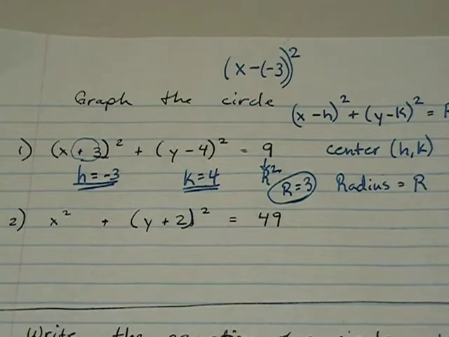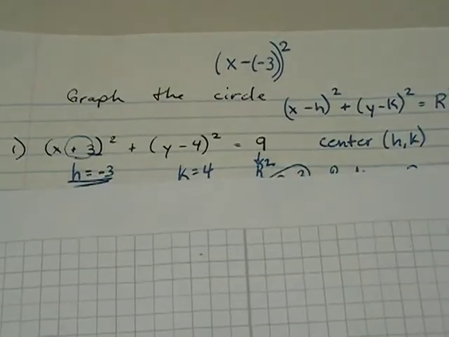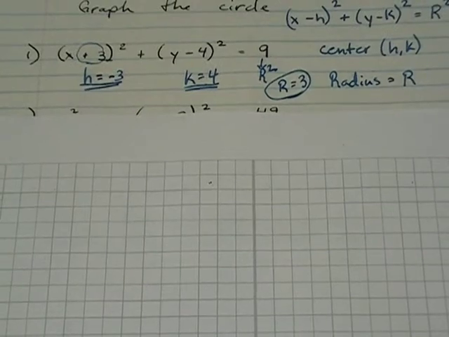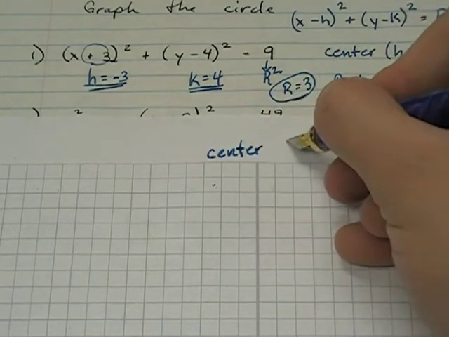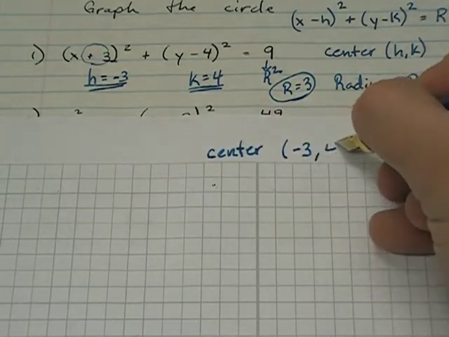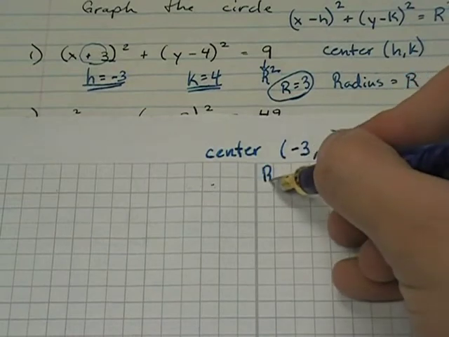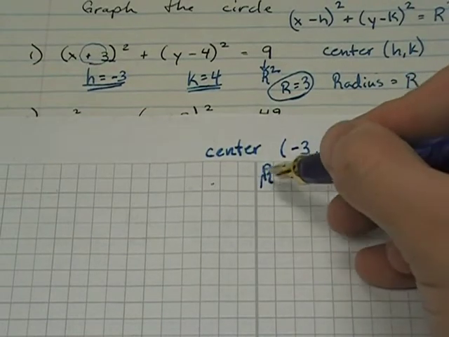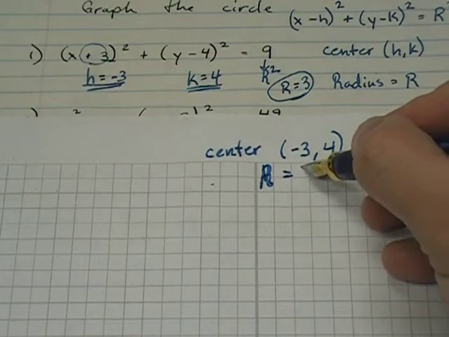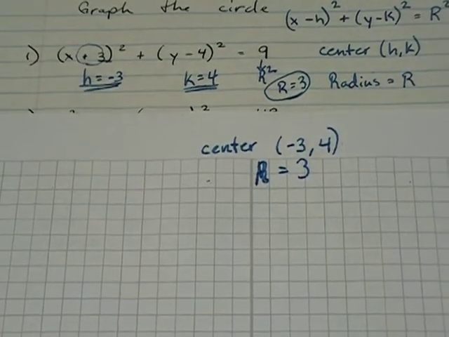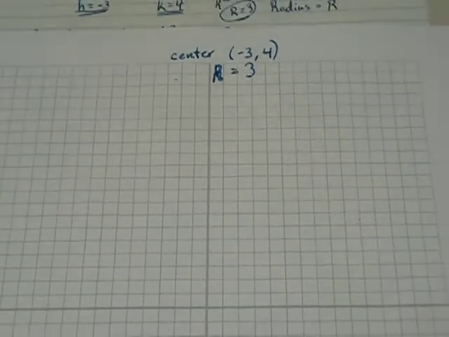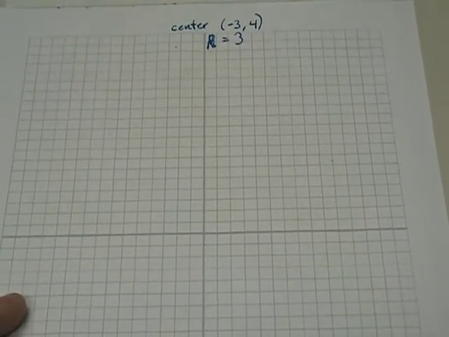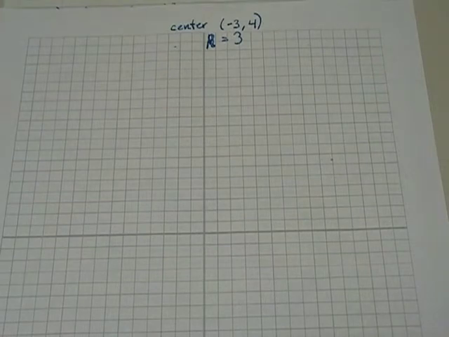Okay, so let's take this information. We're going to scratch it out on a sheet of graph paper here. What I'm going to know about this circle is the center is at negative 3 comma 4, and the radius equals 3. Now, if I know that information, I can graph this circle.